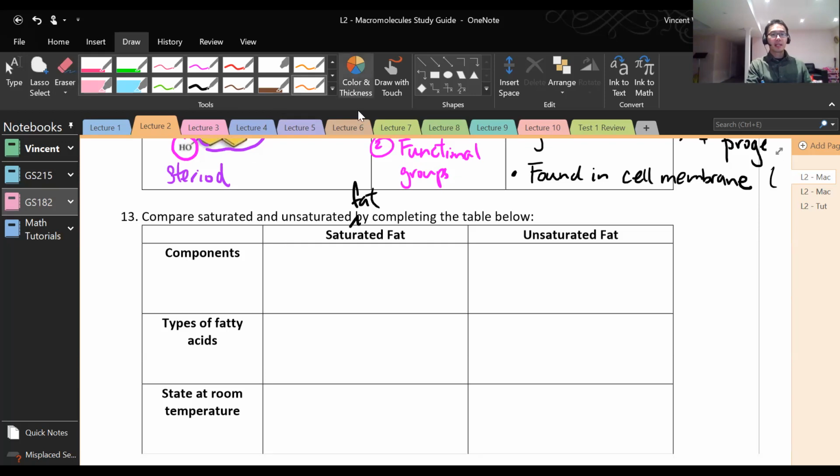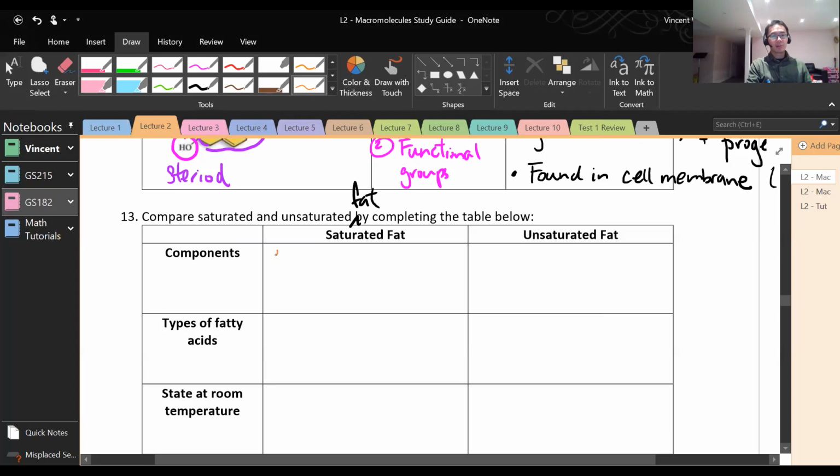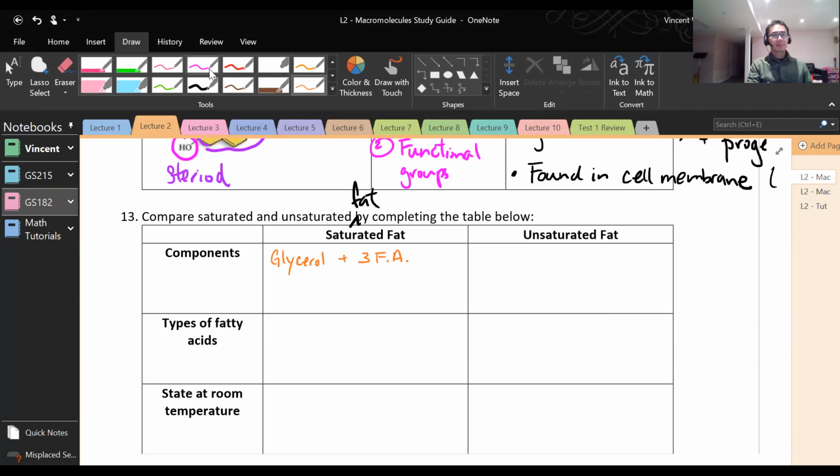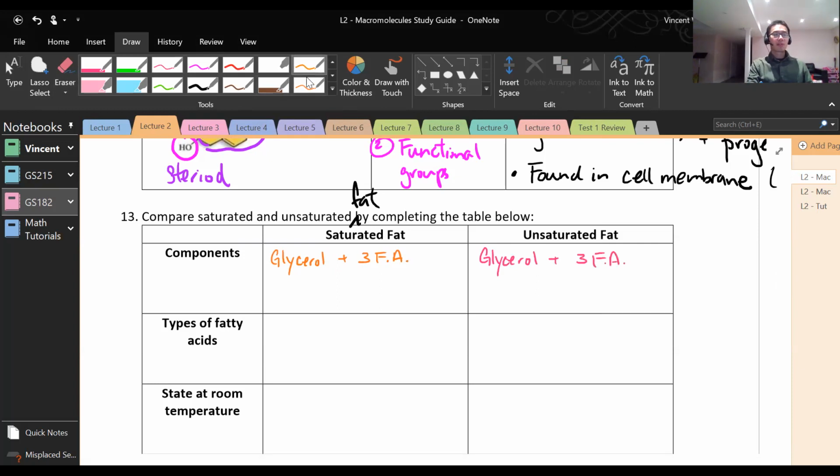For the saturated fat, the components, we have our glycerol plus 3 fatty acids. As for unsaturated fat, exactly the same thing. So what's the difference?